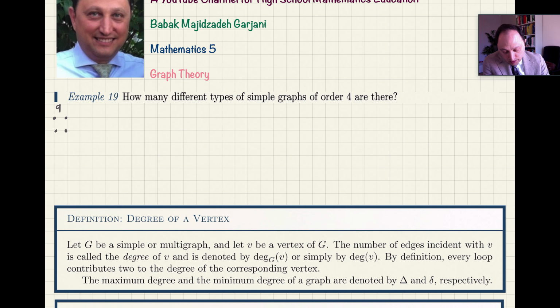So Q is 0. Let us consider the case that Q, the number of edges, is 1. How many did you get here if Q is 1? Do you have more than 1? There's also the one where it's diagonal.